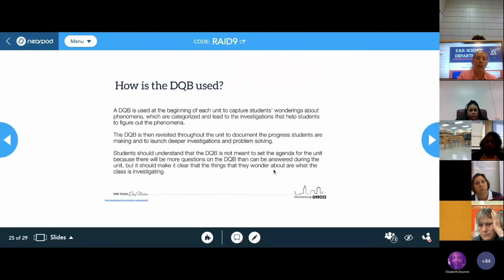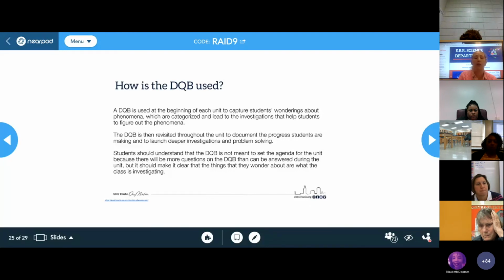And it can be used, basically, the most common part is in the beginning and in the middle of the lesson. It's used the beginning of the unit to capture what students know and want to know about the anchor phenomena, and it helps them figure out the phenomena. But then we revisit it all throughout the lesson, and we can do a DQB for chapter questions as well.